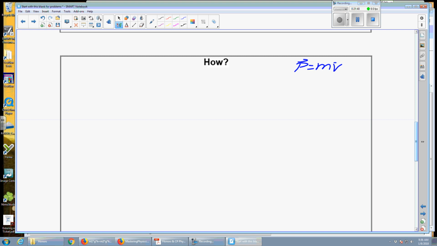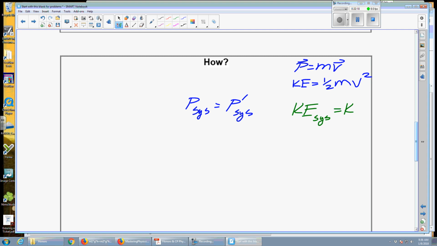Momentum is mass times velocity; kinetic energy, inertia, speed. From the equation sheet also, momentum of the system before equals momentum of the system afterwards. And also, because it's elastic, kinetic energy of the system before equals the kinetic energy of the system afterwards.